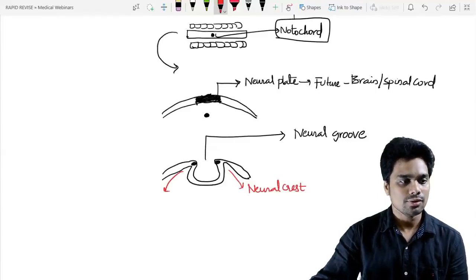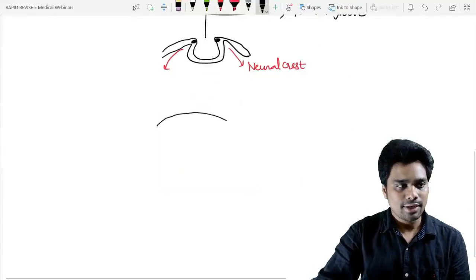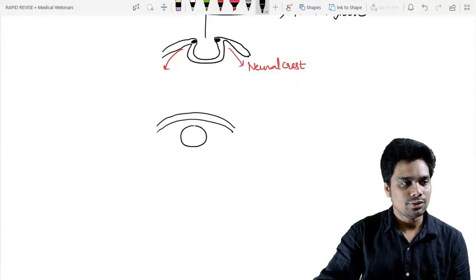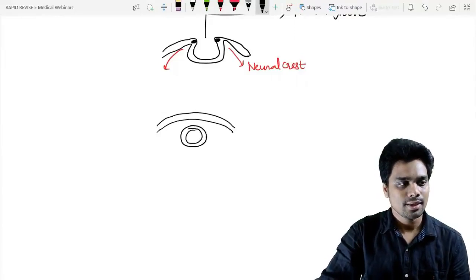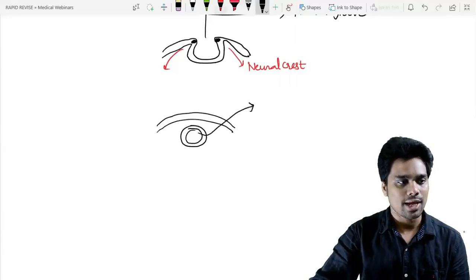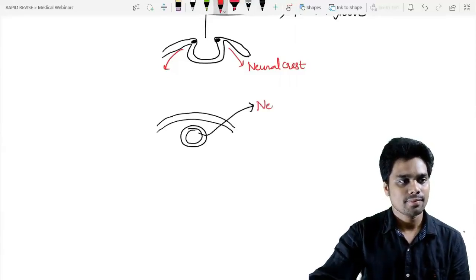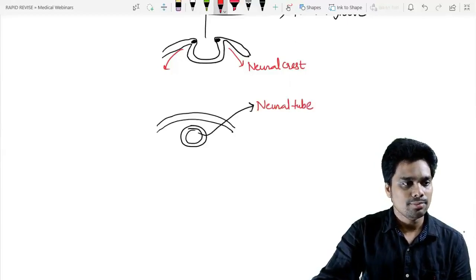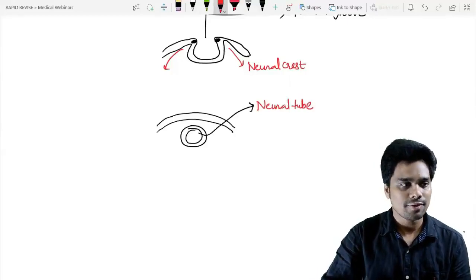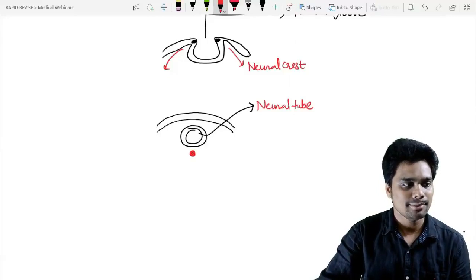This neural groove, during the development, fuses into a tube, and this tube gets pinched off from the ectoderm. This tube is now known as the neural tube. So the neural tube is pinched off from the ectoderm, and it lies just above the notochord.